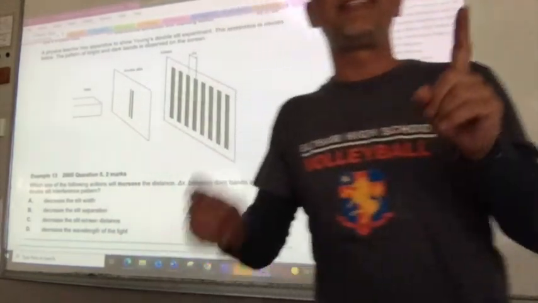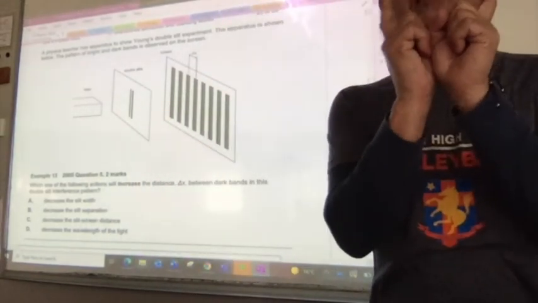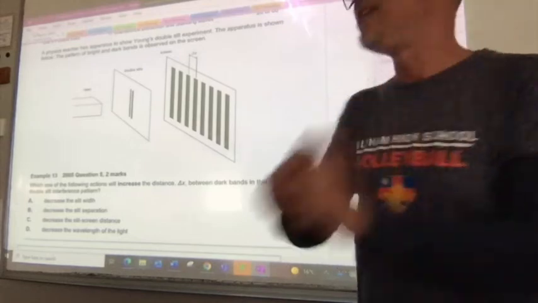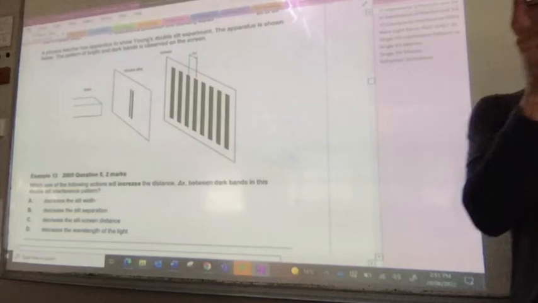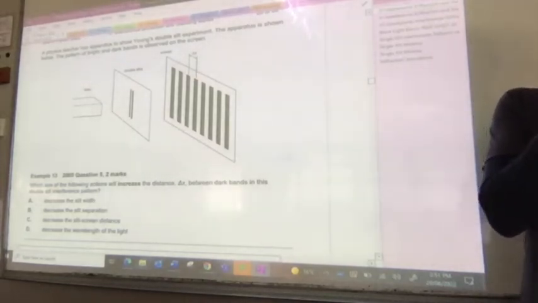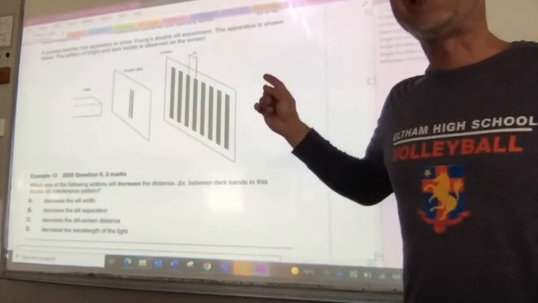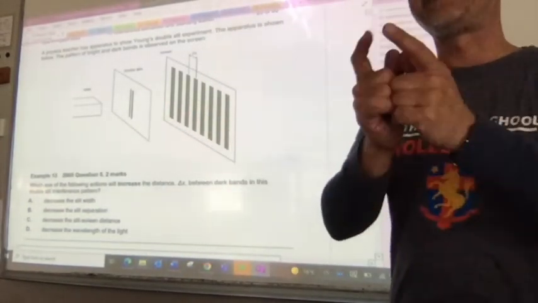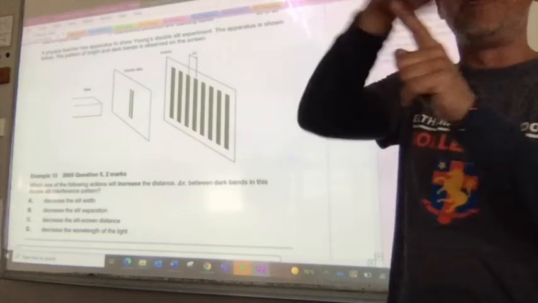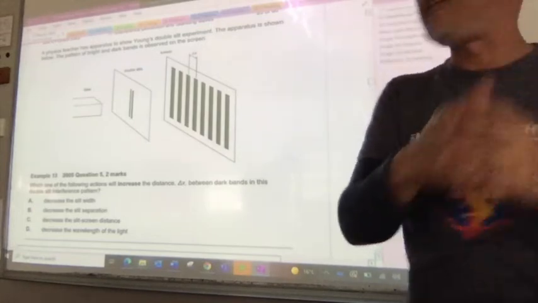You worry about the distance between the slits. That's a measure that you actually use, all right? So decrease the slit separation. Yes or no? If you decrease the slit separation, will delta x get bigger? Yes. Yes, that's right. It will. Because there's less opportunity for the ringlets to actually interfere with each other.